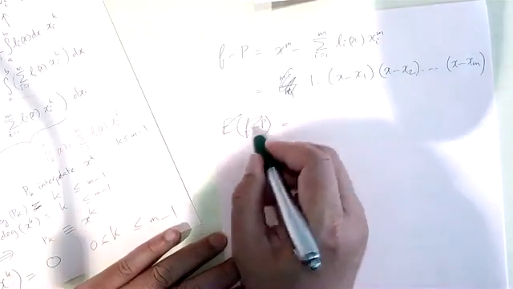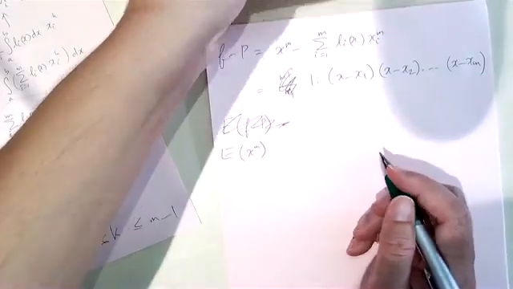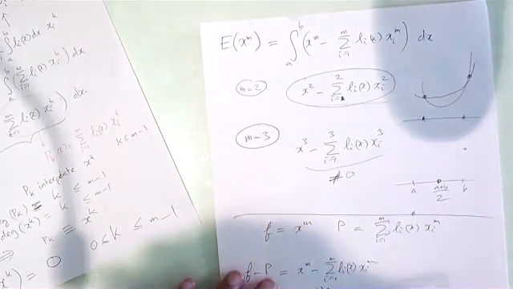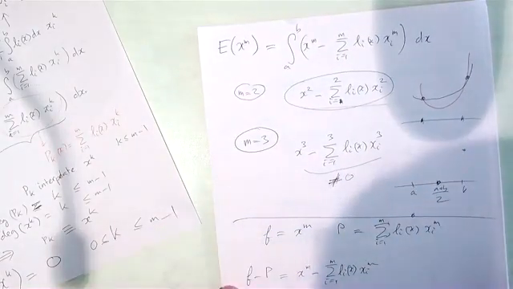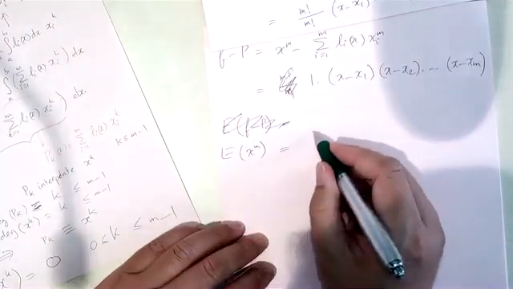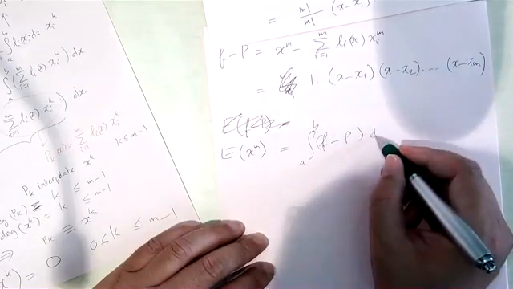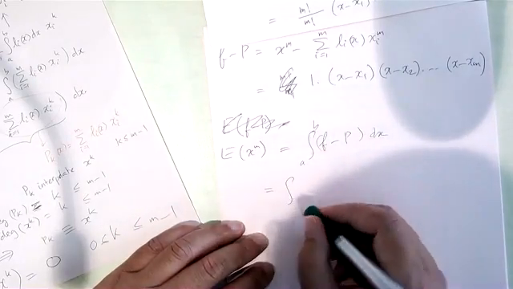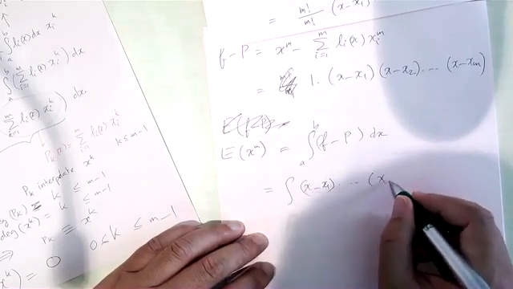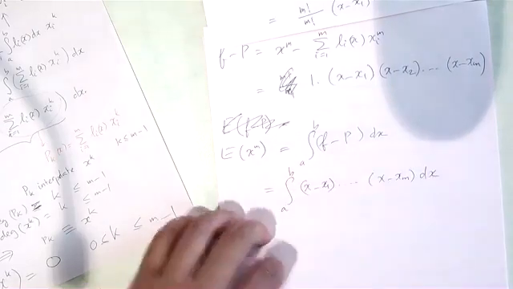Sorry, we want to evaluate E of x to the m. So E of x to the m just equals the integral of f minus p from a to b, which is the integral of (x minus x1) ... (x minus xm) dx from a to b.